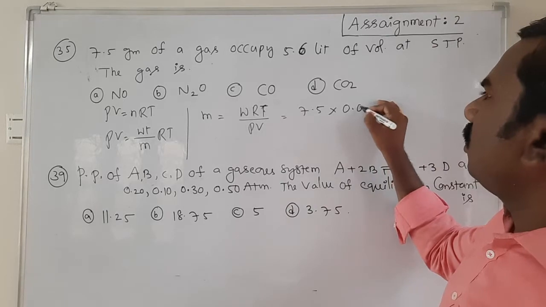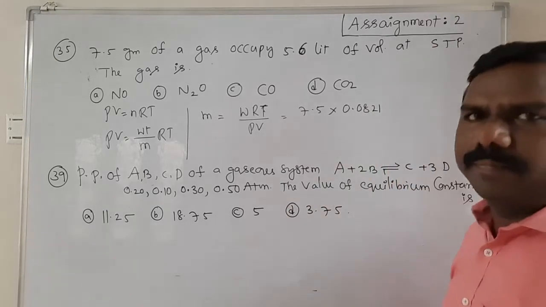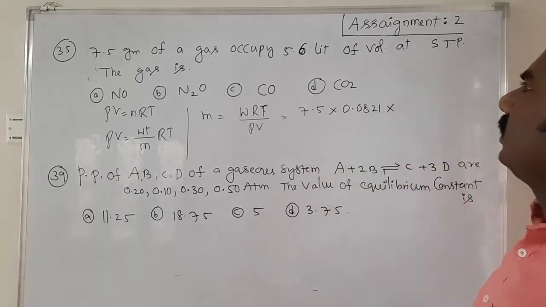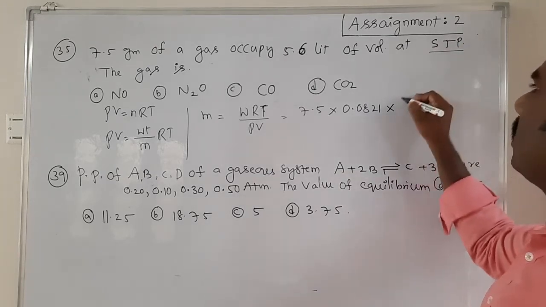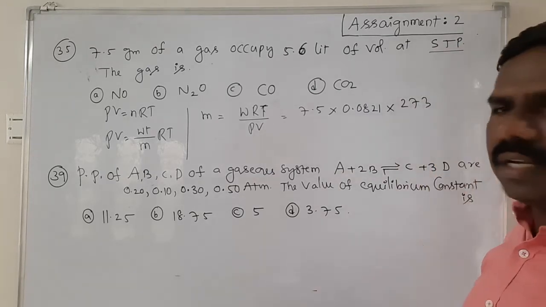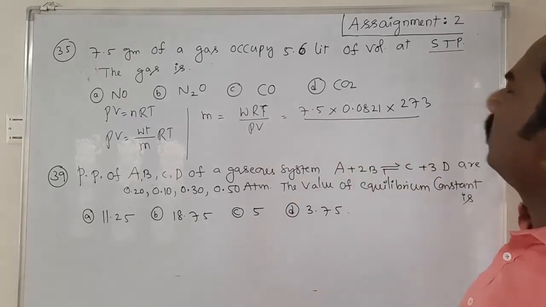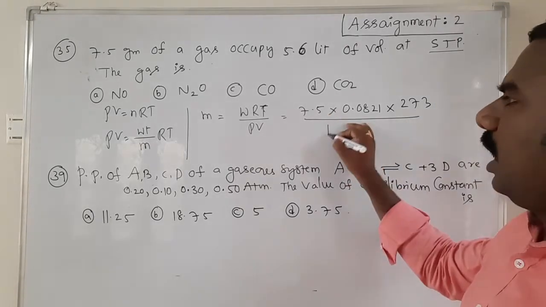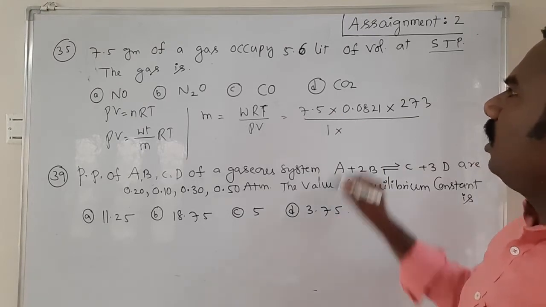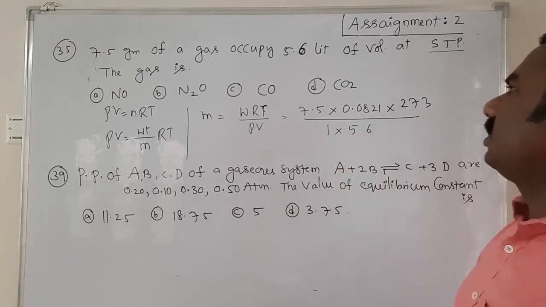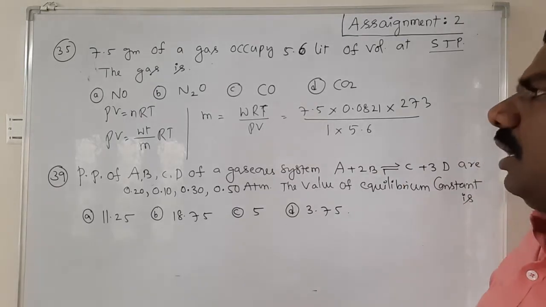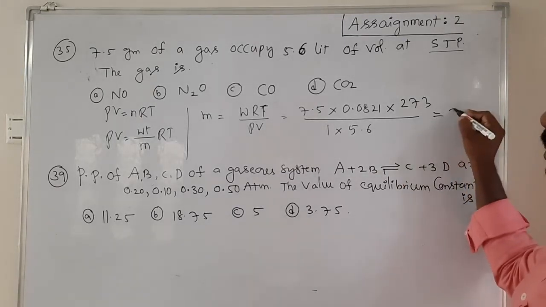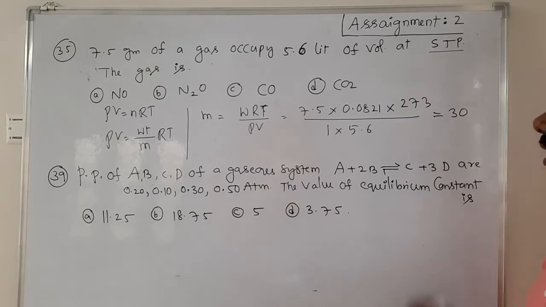R value 0.0821, and temperature is STP, that's why we consider 273 kelvin. Pressure is 1 atm, and volume given is 5.6 liters. Solve it, you get around 30.